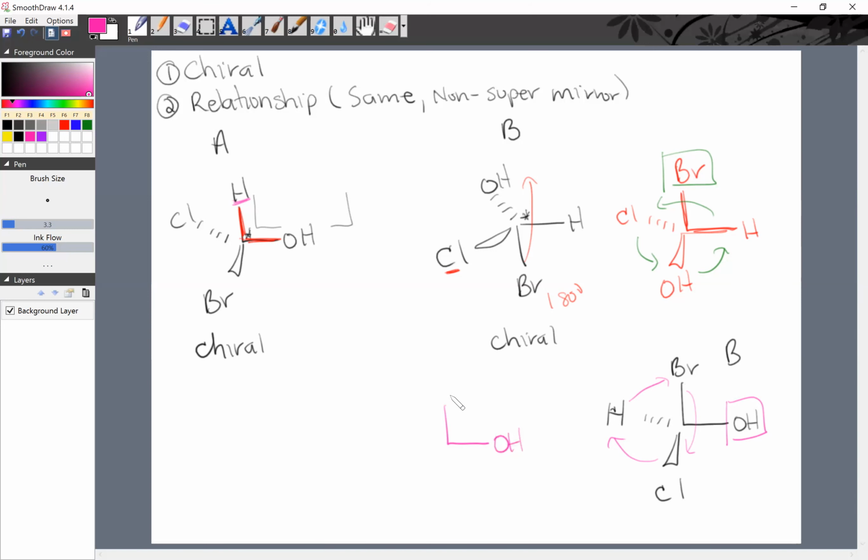My hydrogen went up. My bromine went down. And my chlorine went over. Oh, and look at that. That is that molecule just drawn twice. So what is the relationship? Those two molecules are the same as each other.